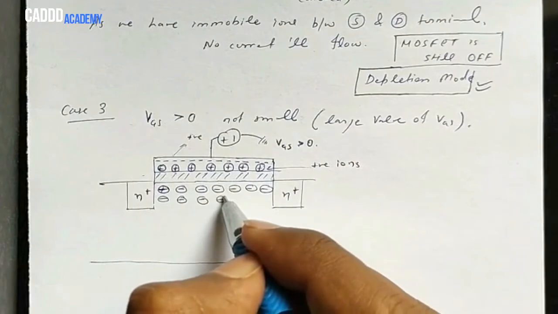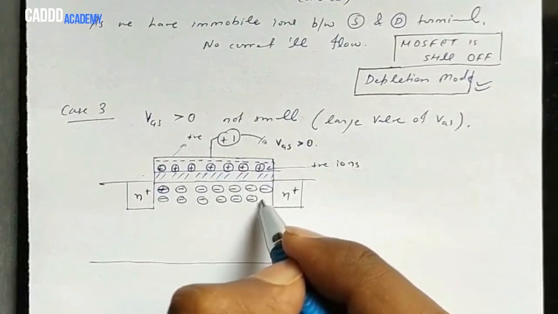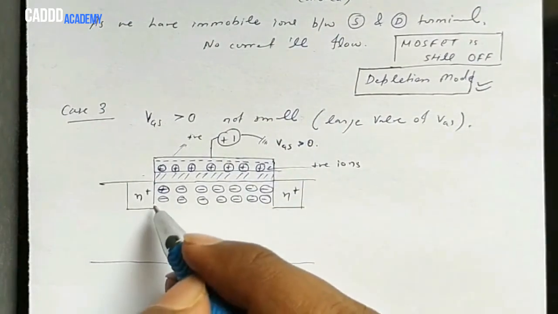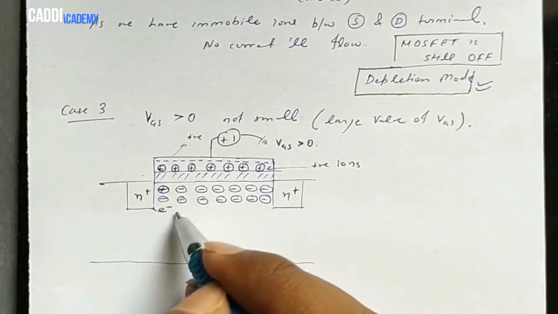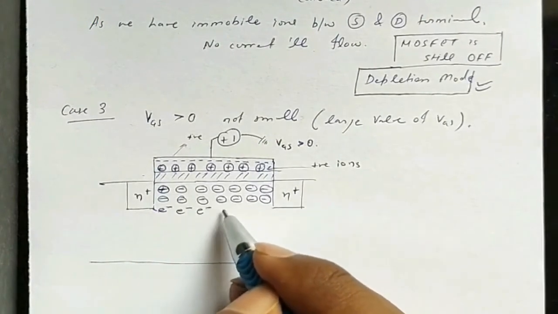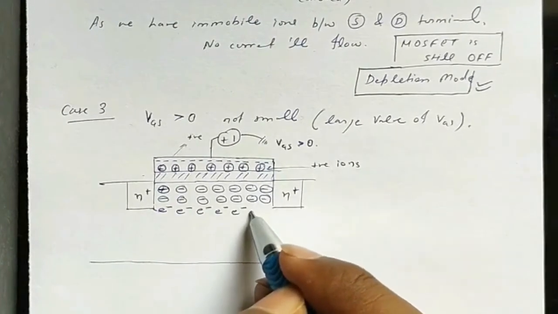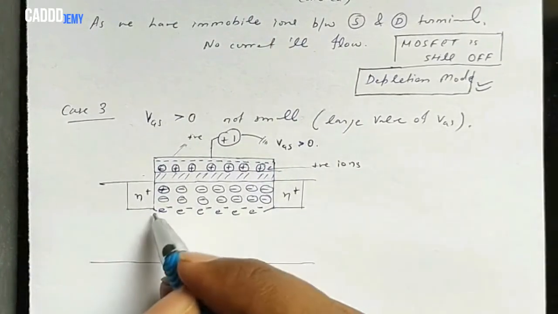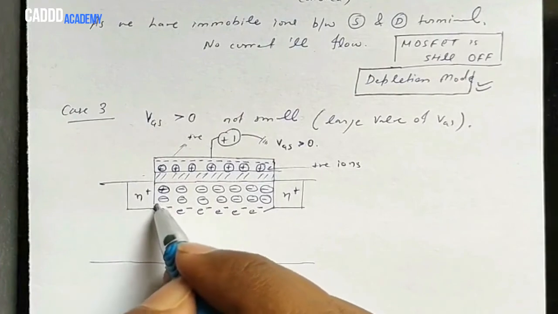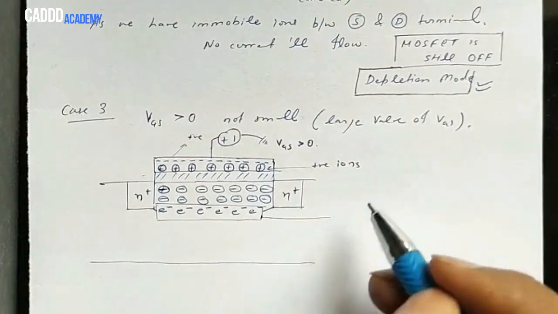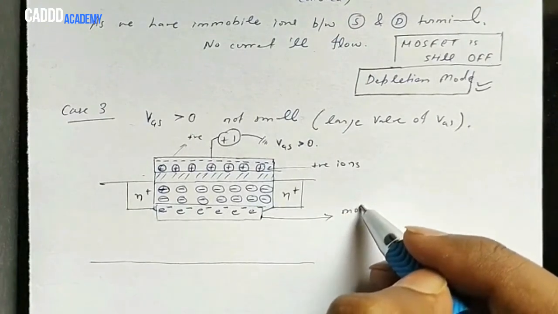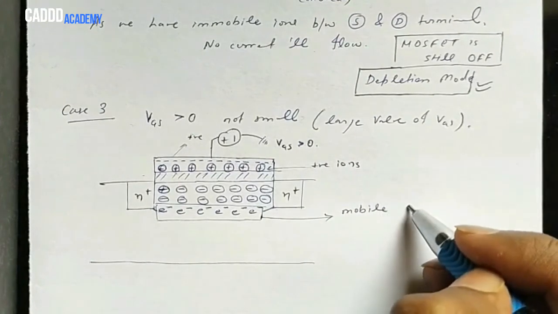There will be some borrowed electrons from the N plus region due to this large positive value of VGS. Electrons are mobile, they can move, so this can be the reason for the current between the source and drain terminal.